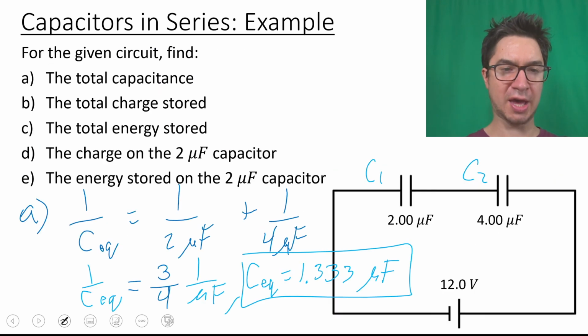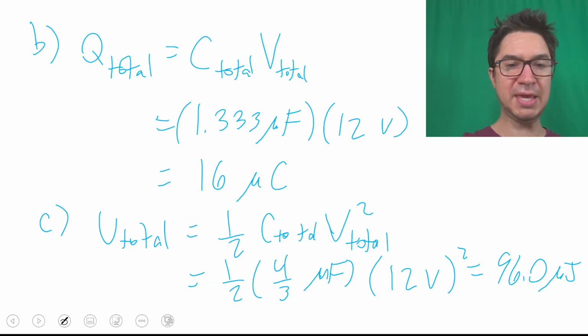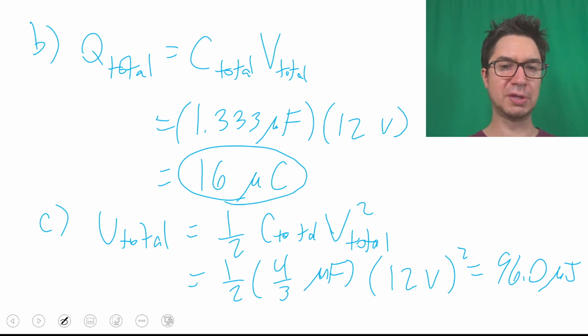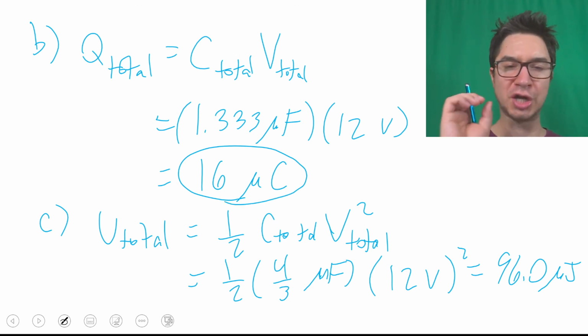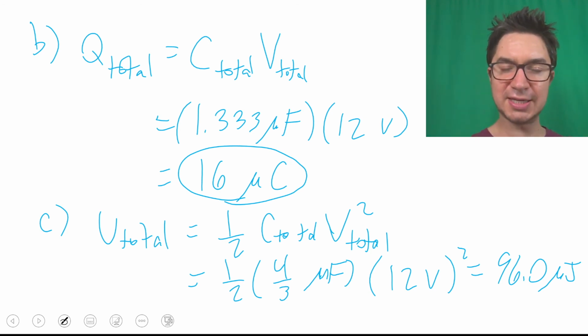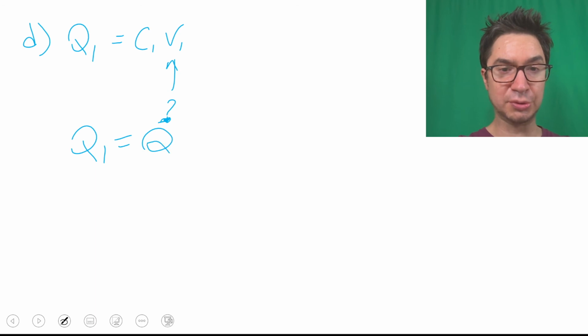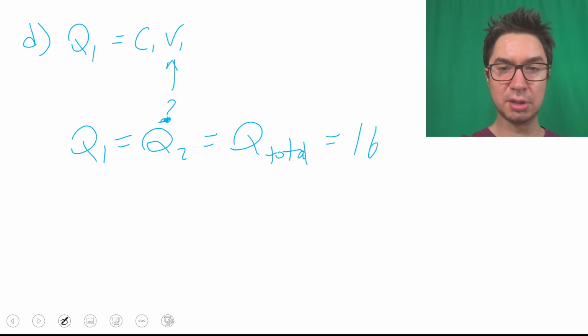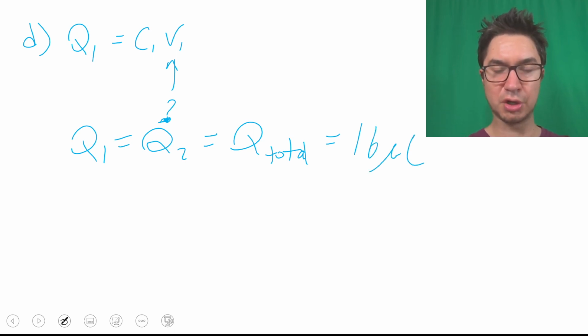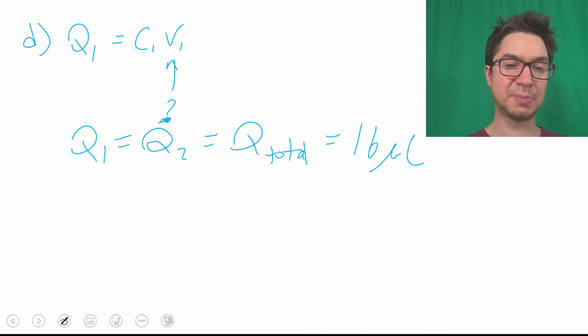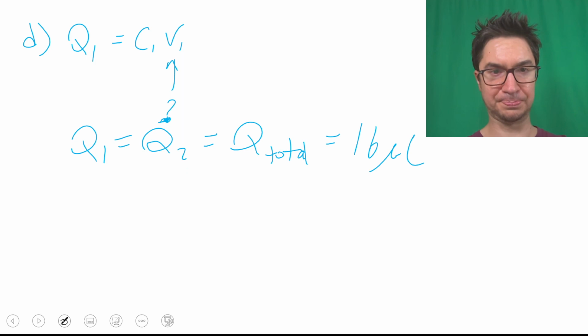So whatever charge we had in part B of this problem, that total charge will be the same charge on every single capacitor. So that 16 microcoulombs of charge will be our charge. Q1 is going to be equal to Q2, is going to be equal to Q total, is going to be equal to 16 microcoulombs of charge. So that was actually easier than expected. Every capacitor is going to have the same amount of charge, which is the total charge stored in the circuit.